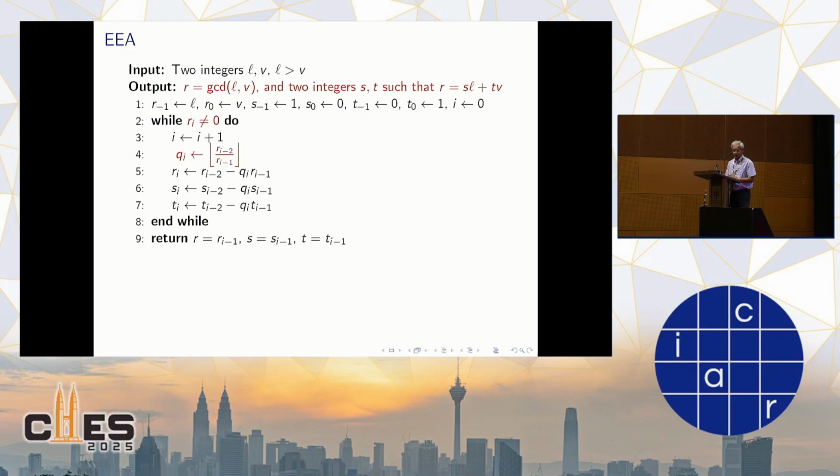As the algorithm progresses, the bit length of the R variables actually decreases from the length of L to almost 0.